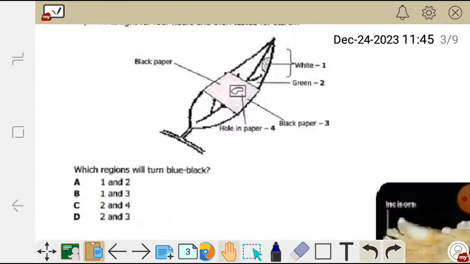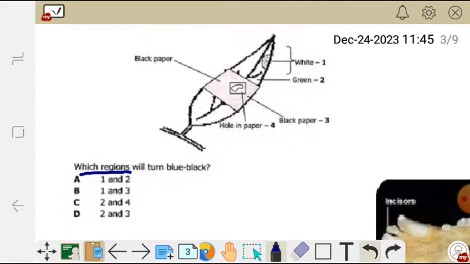So which regions will turn blue-black? The regions which will turn blue-black are the regions where photosynthesis took place and starch was formed. Only green parts are involved in the process of photosynthesis, and these other parts which were covered, and the part which was white in color, won't take part in photosynthesis to form starch.